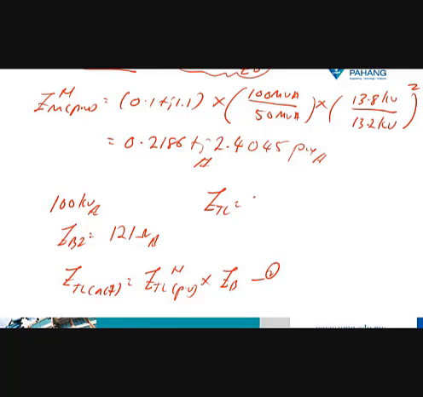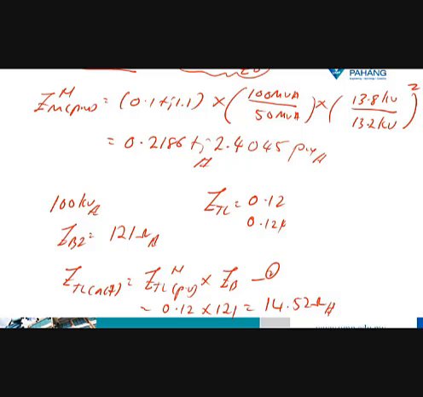So Z actual is 0.12 times 121, which equals 14.52 ohms.